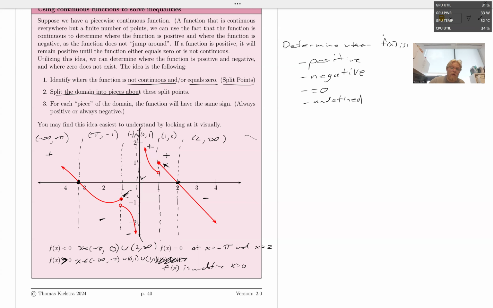And similarly here, we can look at this interval and say, oh, at 1, I'm also positive at 1. So we can rewrite it from 0 to 1, and say over that interval, I am also positive. But the idea is we break it up into these pieces, and then we analyze inside the pieces and the split points. But those are two different steps.